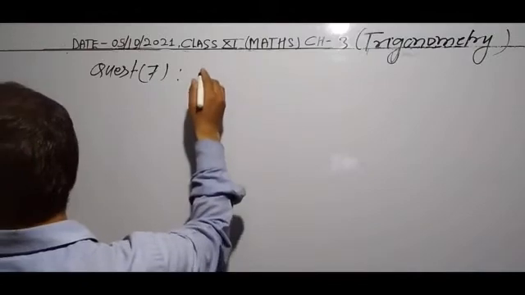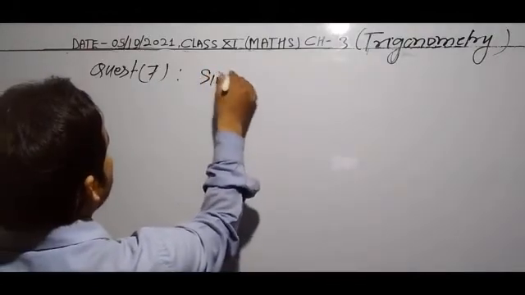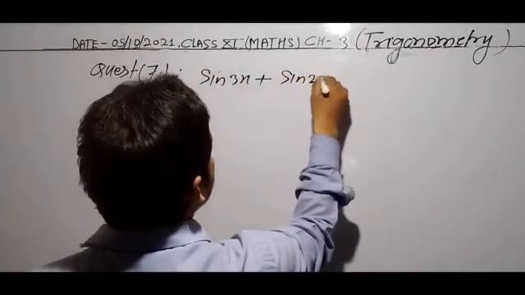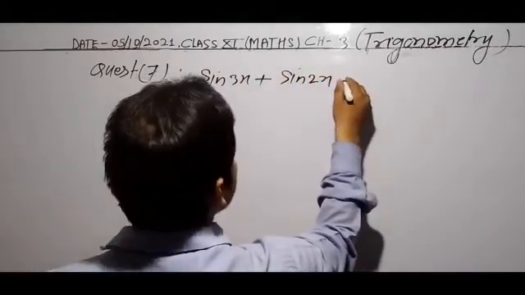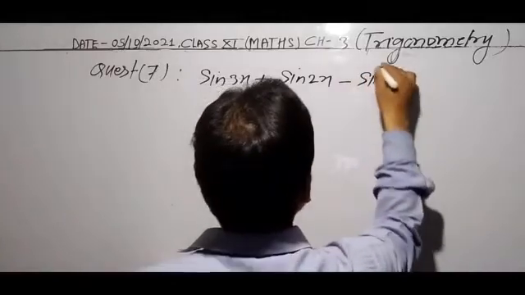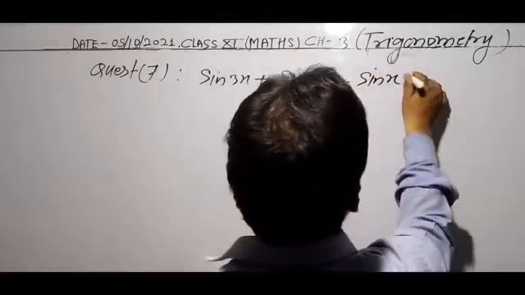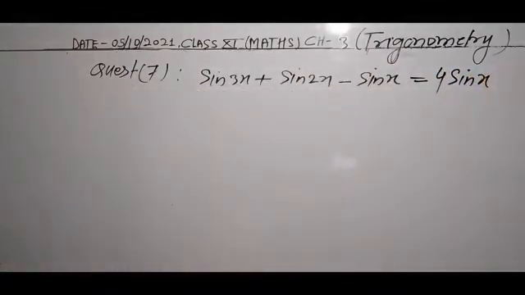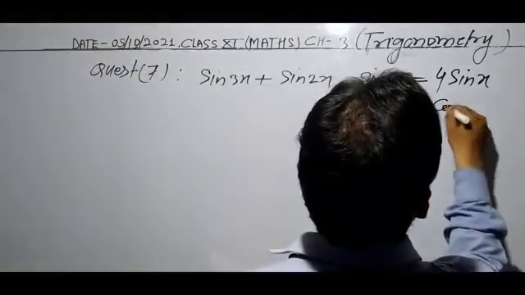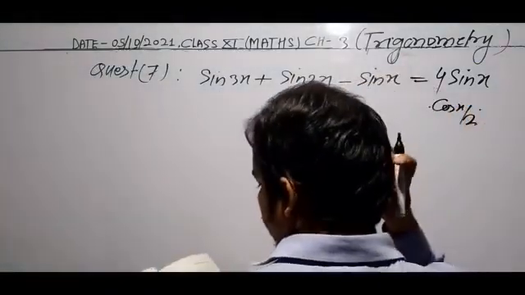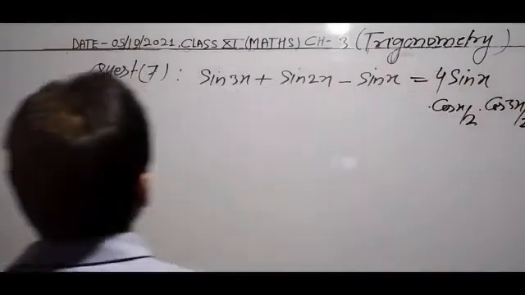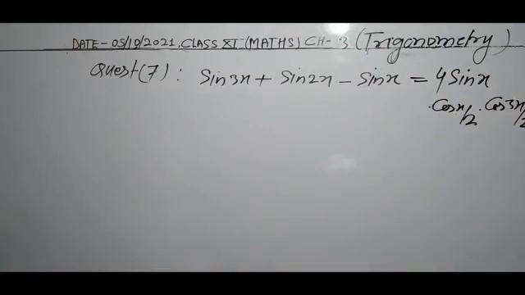Prove that sin 3x plus sin 2x minus sin x is equal to 4 times sin x into cos of x by 2 into cos of 3x by 2. Now this is our question.